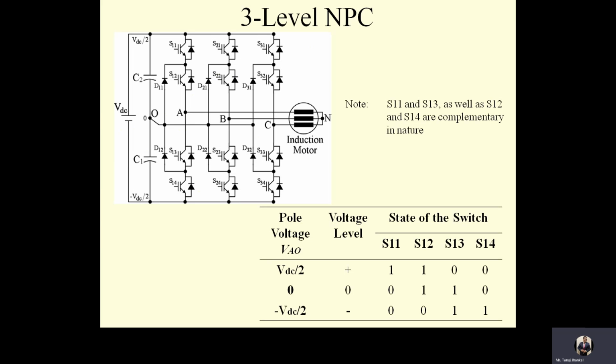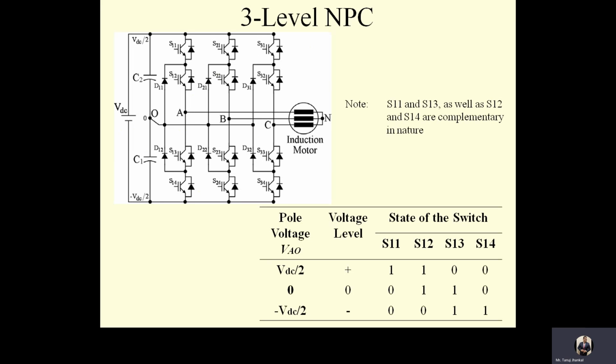Therefore, the maximum voltage stress on each switch is limited to the voltage across each capacitor, which is VDC by 2, when the capacitor voltage is assumed to be balanced or steady. Hence, the voltage stress of the inverter switch with this three-level structure is half that of a conventional two-level inverter that operates with the same DC link voltage VDC.